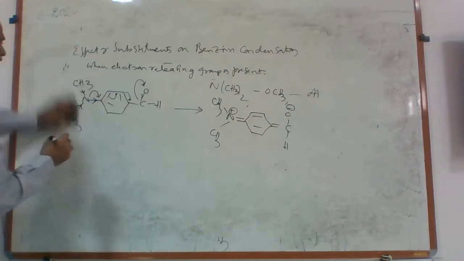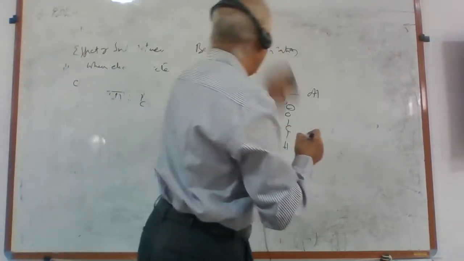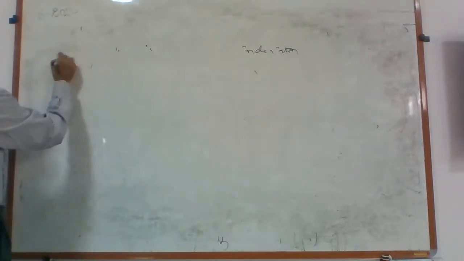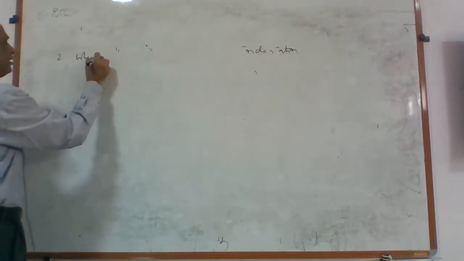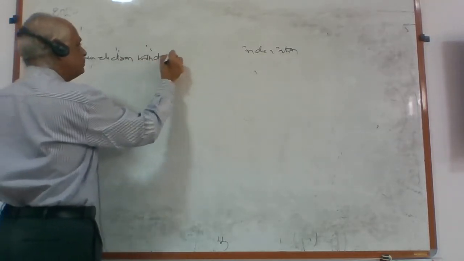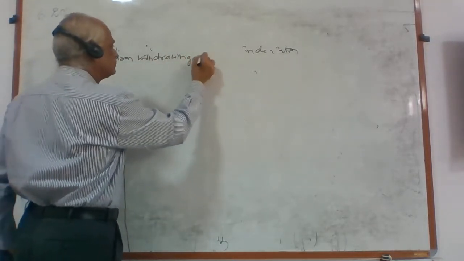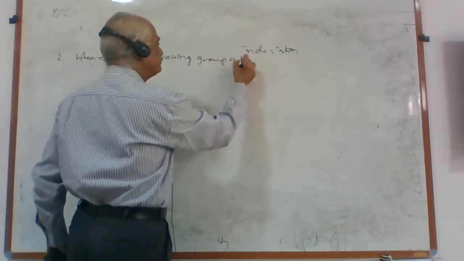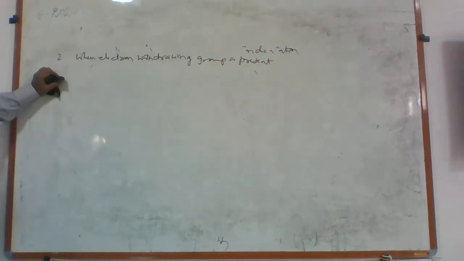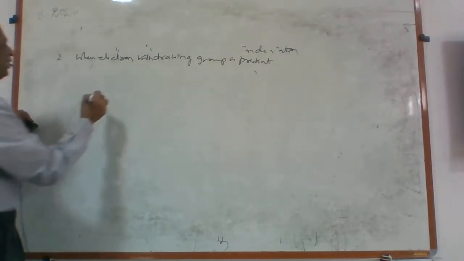Now let us see the next case: what happens if I put an electron withdrawing group. The second case is when an electron withdrawing group is present. So I take a good electron withdrawing group like the nitro group.